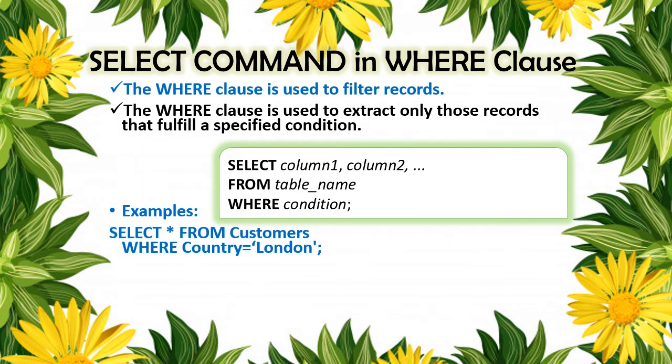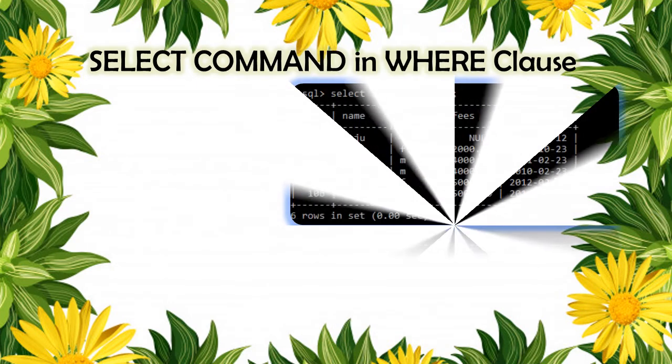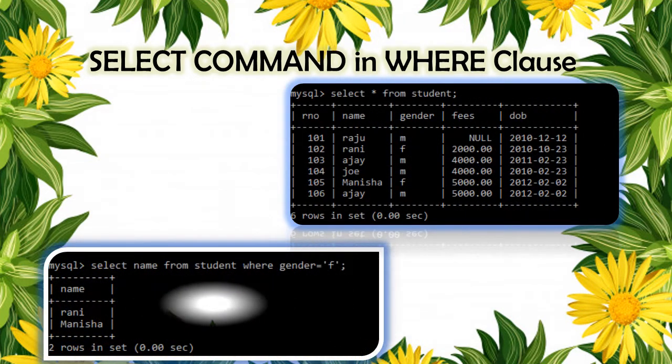For example, here we are selecting the customer details whose country is London. Another example, select the customer details whose customer ID is 1. Here I'm selecting from the student table the names whose gender is female.